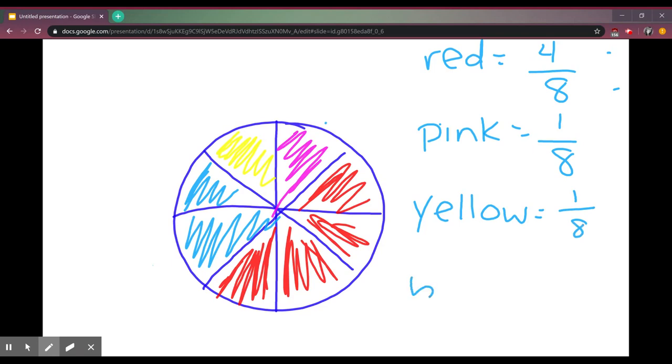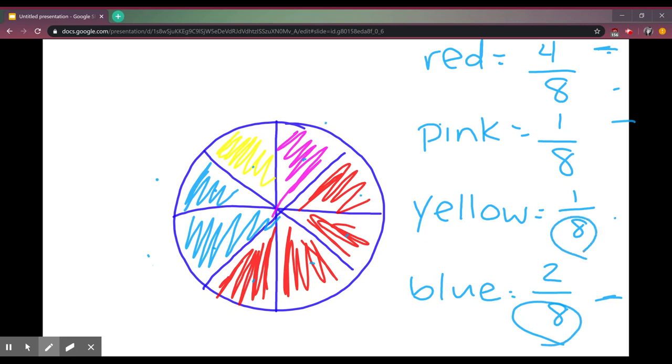And blue, I have 2 pieces that are blue out of 8 total pieces, 2/8. So I had 4 red, 1 pink, 1 yellow, and 2 blues out of 8 total pieces. And that's how you do your worksheet for today.